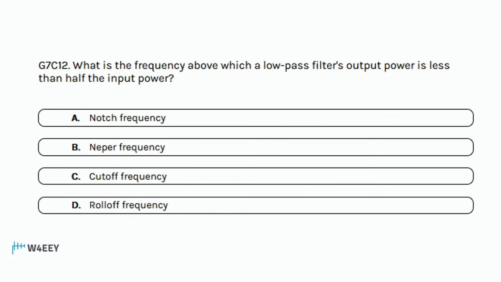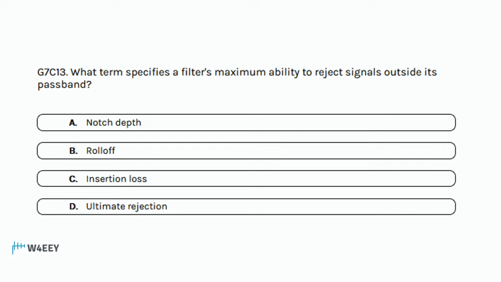And what is the frequency above which a low-pass filter's output power is less than half the input power? What do we call that? Charlie. The cutoff frequency. And what term specifies a filter's maximum ability to reject signals outside its passband? This is high school.